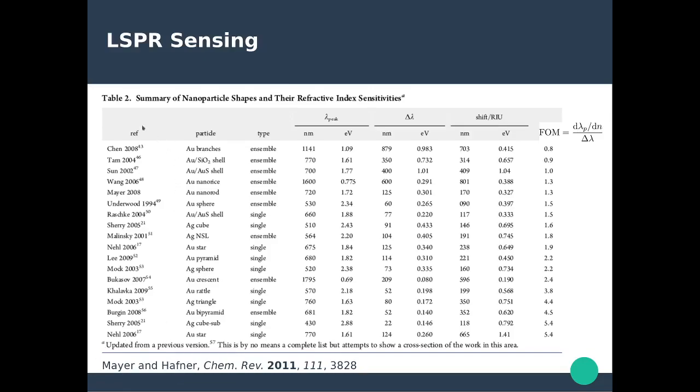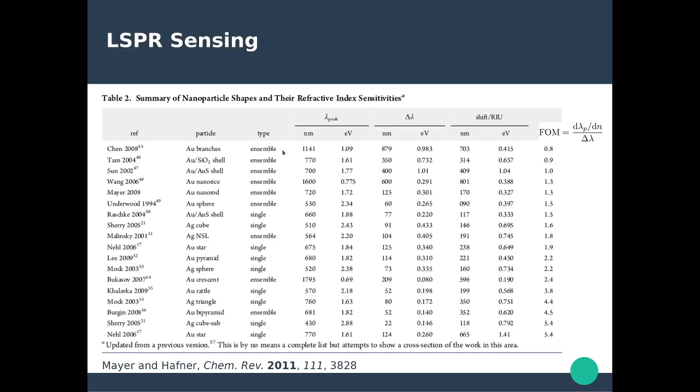They wrote this review paper where they went through an extensive literature survey about the different nanoparticles that have been synthesized for LSPR sensing, the type of ensembles or single particle, and then giving some properties like the localized plasmon resonance wavelength, and how much this plasmon resonance can shift when you change the refractive index. So this is the amount of shift per refractive index unit.